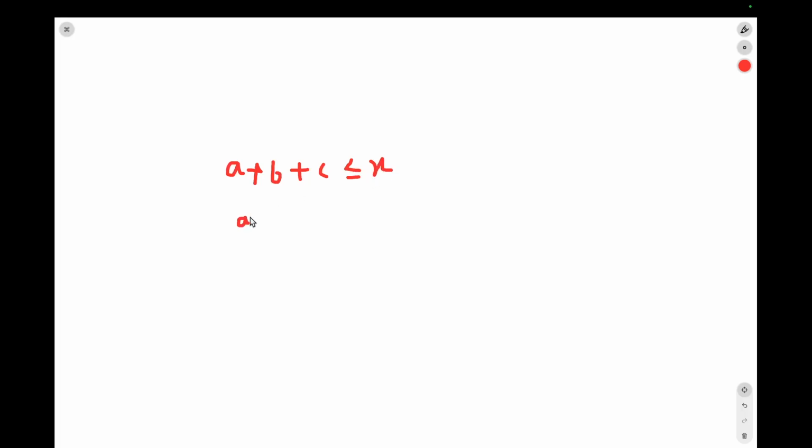Let's say we are given two conditions. One is that a plus b plus c should be less than or equal to x, and ab plus bc plus ca should be less than or equal to n.